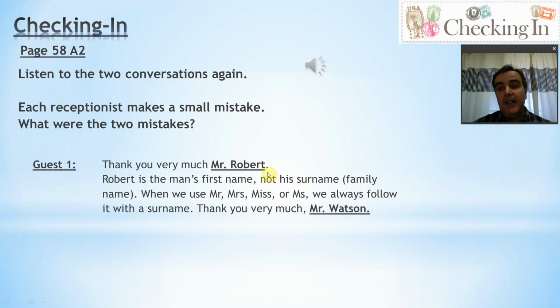Robert." Now, when we're talking to someone, if their name is, like, Robert Watson, Robert is their first name, Watson is their second name. So if we're using Mr., we will only use the second name. So it's like calling me Mr. James. No, you never call me Mr. James.